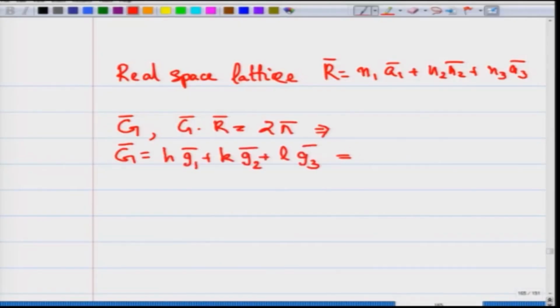Using the above condition, if we know A1, A2, A3, one can construct G1, G2, G3 by using the condition Gi dot Aj is equal to 2 pi delta Ij.